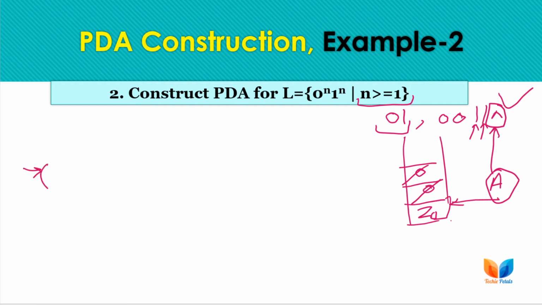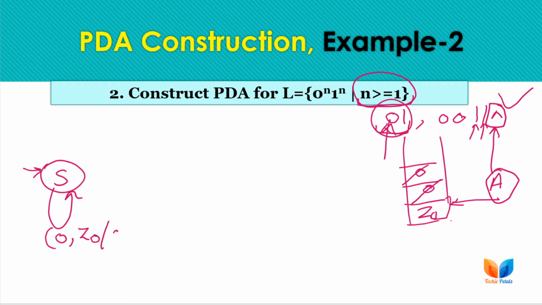For this, the initial state is, suppose, S, and from S we must have at least one zero, as n is greater than or equal to 1, so we must have 0 1. For the first 0 we will surely have Z naught as the stack top symbol, and we will replace it with 0 Z naught.